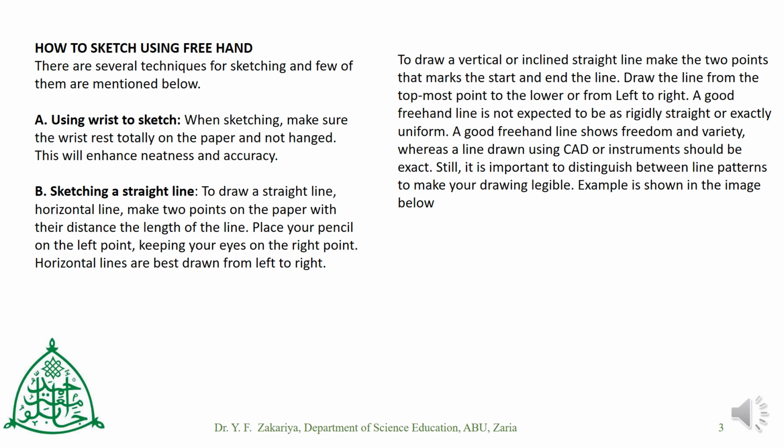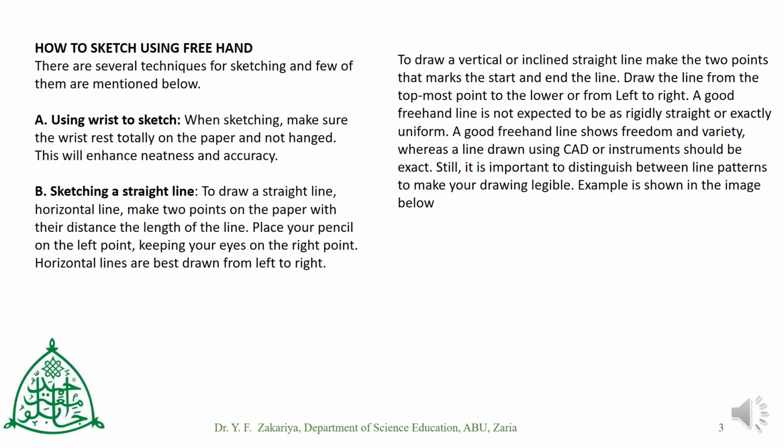Horizontal lines are best drawn from left to right. To draw a vertical or inclined straight line, you make 2 points that mark the start and the end of the line. After that, you draw the line from the topmost point to the lower, or from the left to the right.